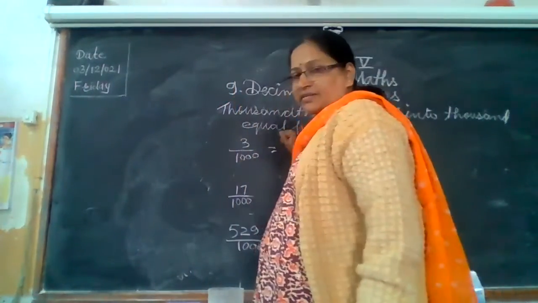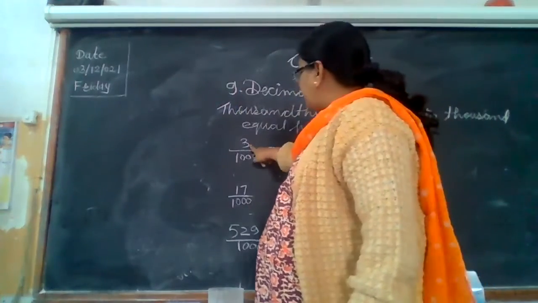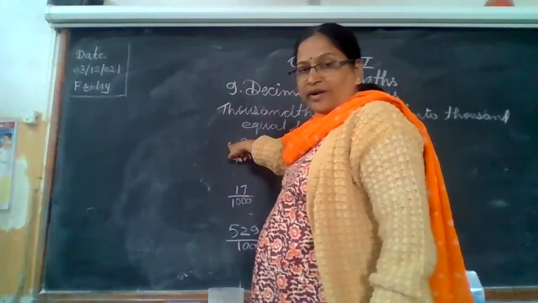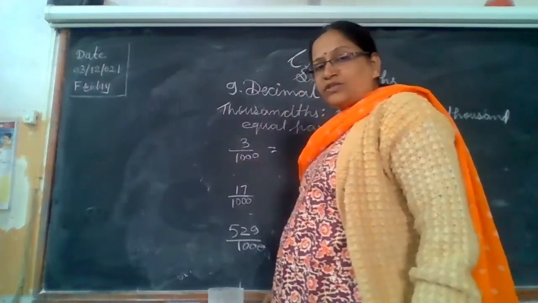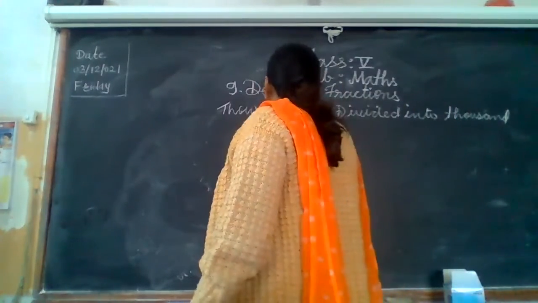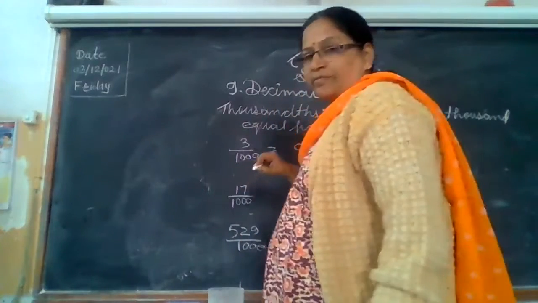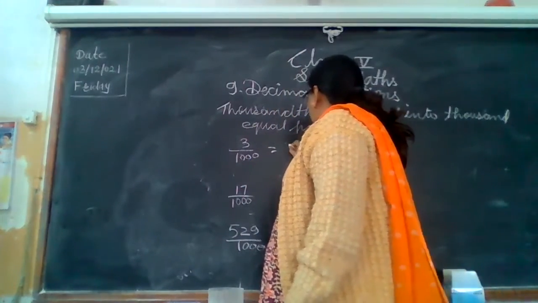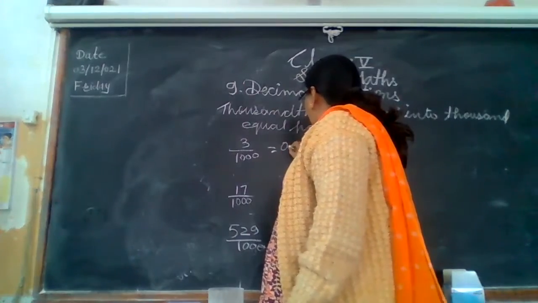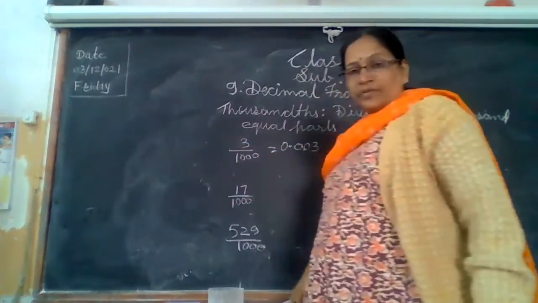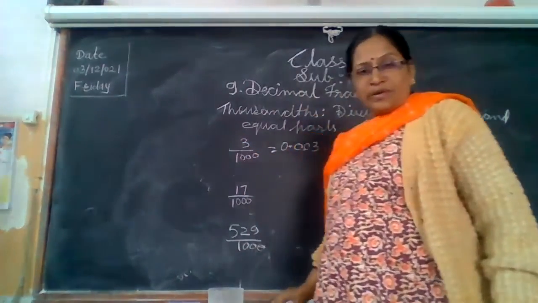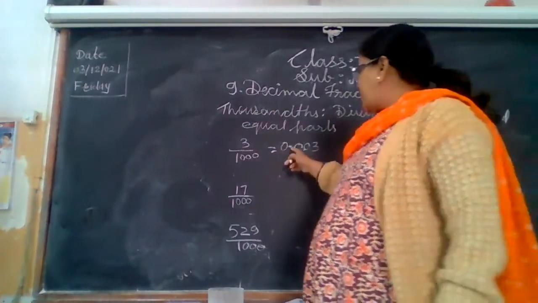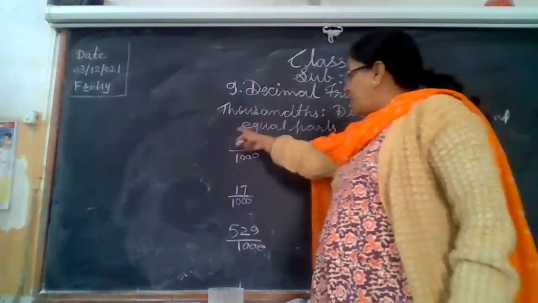Ones, tenths, hundredths. Here there is no tenths place and no hundredths place, so we will put zeros. This 0 is for the hundredths place, this 0 for the tenths place, and this 3. So your answer is 0 point, no whole number is there, so we put 0 for the whole number. Then we put the decimal point for the fraction.